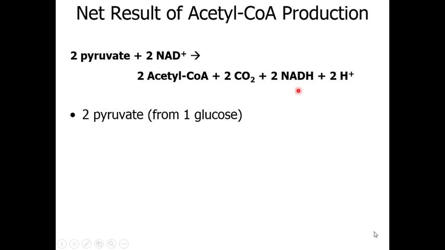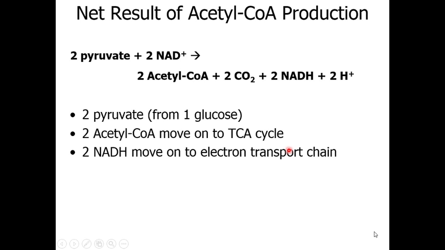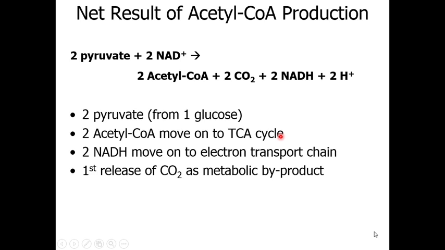And 2 pyruvate, as you know, is obtained from 1 glucose molecule. 2 acetyl-CoA that is produced in the reaction move on to the tricarboxylic acid cycle. The 2 NADH produced here move on to electron transport chain. This is the first step where carbon dioxide is released as a metabolic byproduct.